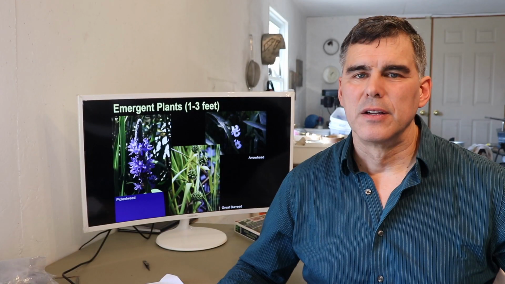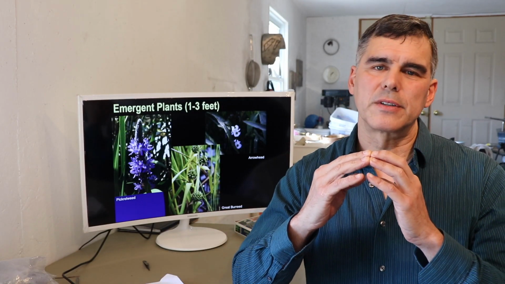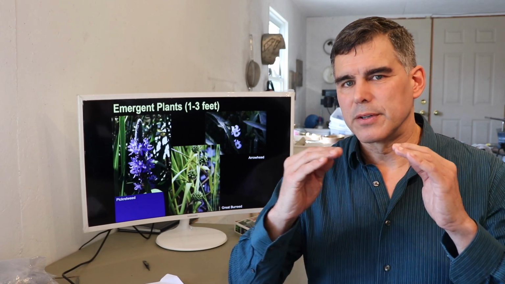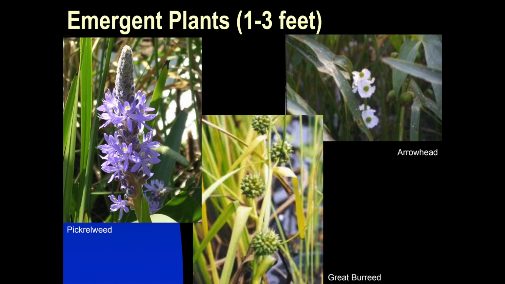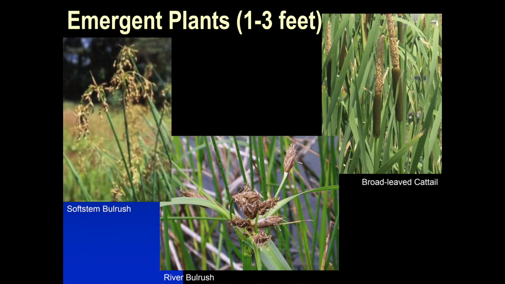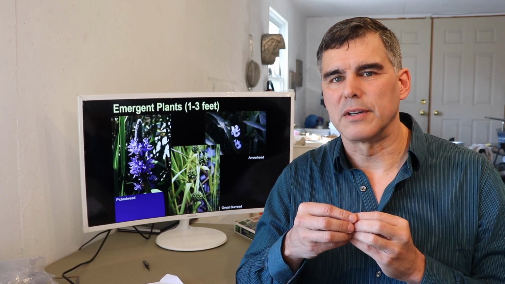So then as you move a little bit further up onto the shoreline, we're talking between 30 centimeters and 1 meter water depth now. You have your emergent species, and these species are really important for species like ducks. They really need them for their aquatic habitat, but they also produce a lot of seed. They're producing a lot of different nuts and seeds that the birds really love.